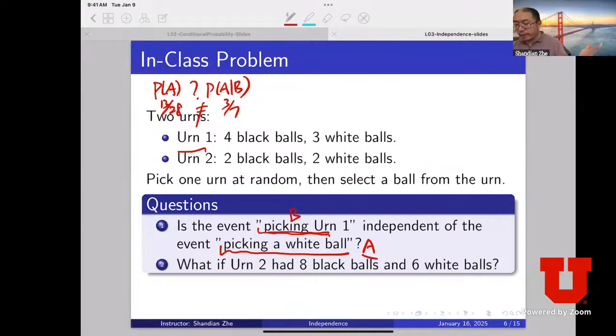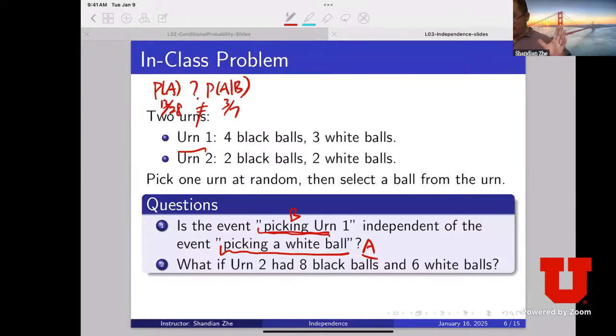And intuitively, A and B should be dependent, because you could first select N1 and select a Y ball, or select N2 and select a Y ball. It sounds like A and B should be dependent on each other, no matter how you allocate the balls in N1, N2.